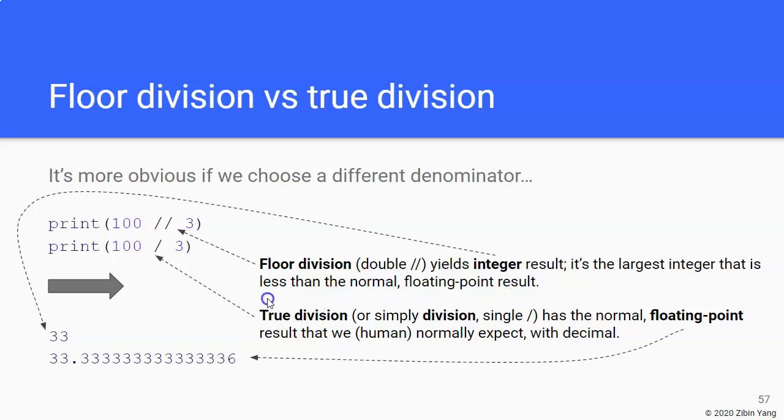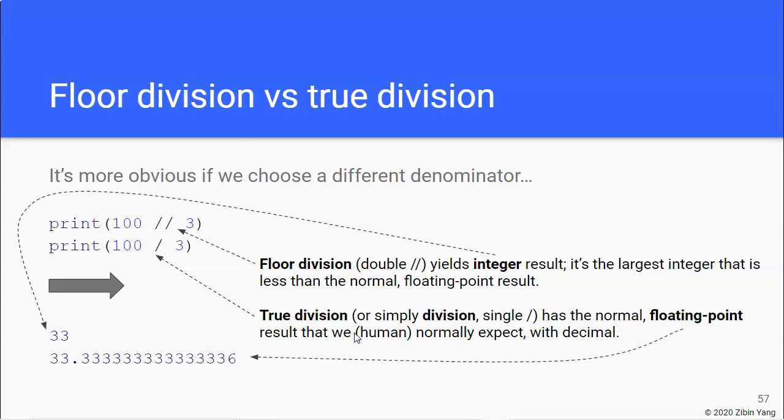Whereas a single slash, or what Python calls the true division, or simply division, would yield the normal result that we human beings would expect with the decimal point. So it's a floating point result. So that's the difference between using double slashes, the floor division, and a single slash, the true division.